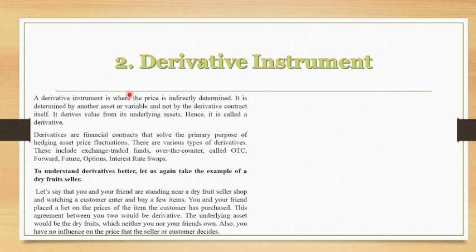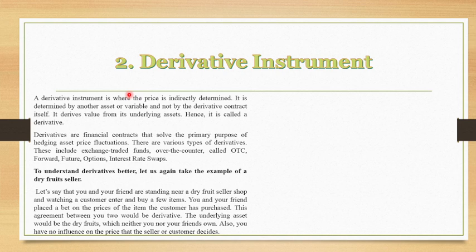We already saw these are the types of derivative instruments. A derivative instrument is where the price is indirectly determined by another asset or variable and not by the derivative contract itself. This is about the derivative instruments.